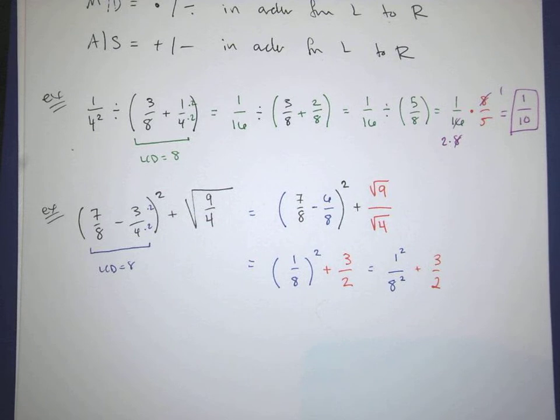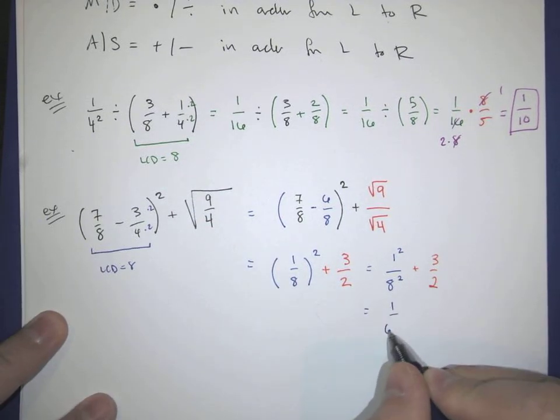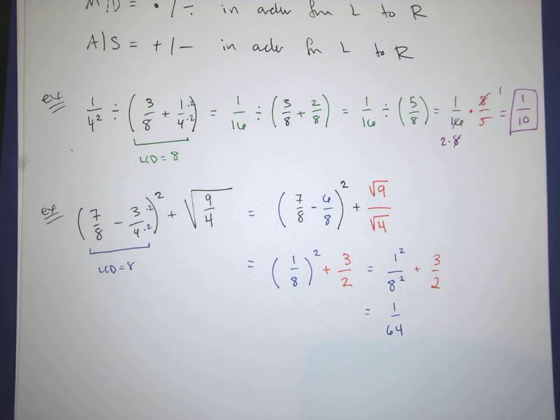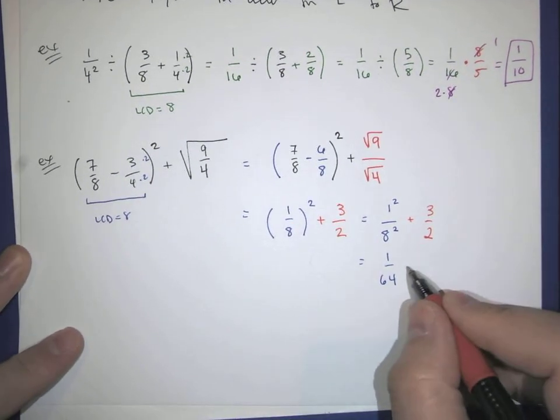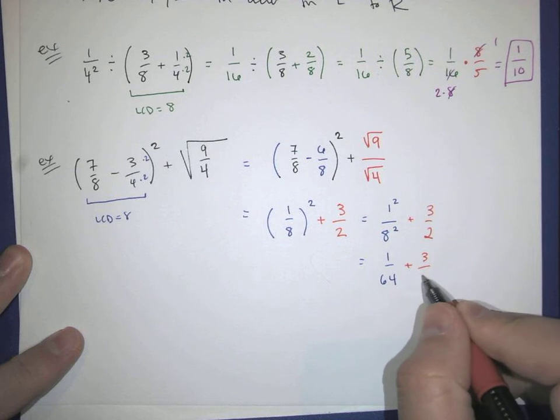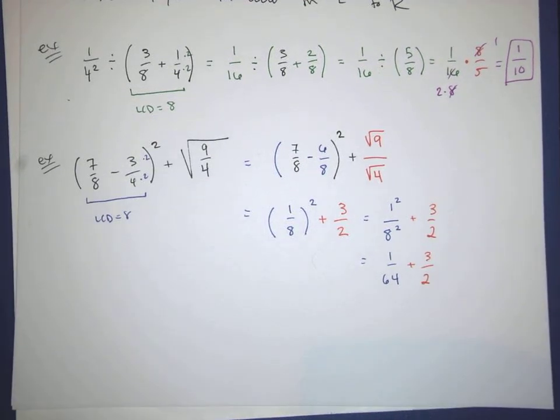So these fractions are heading in opposite directions. What we're going to get here is 1 over 64. We're getting a bigger and bigger denominator when we apply this power. And when we applied the root, we actually got smaller values.